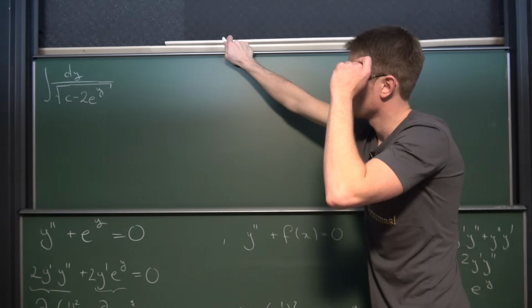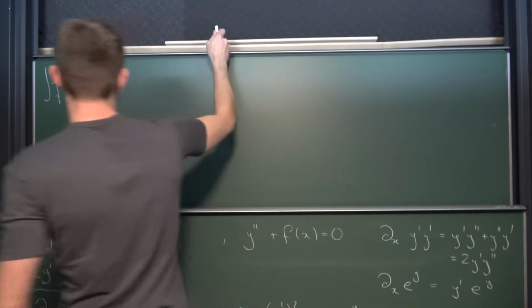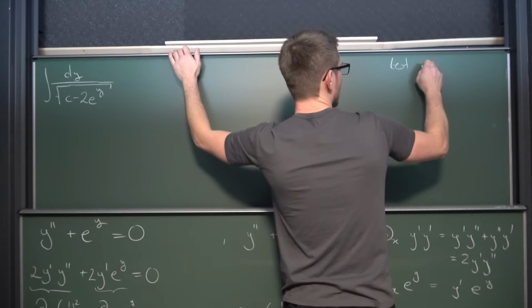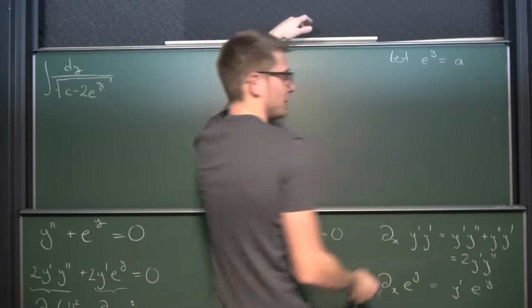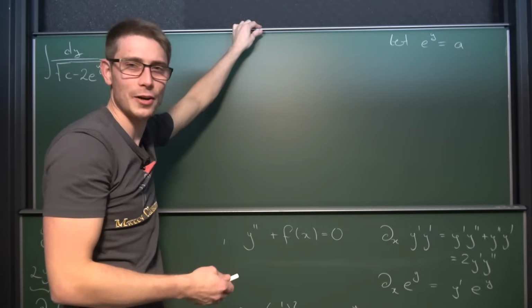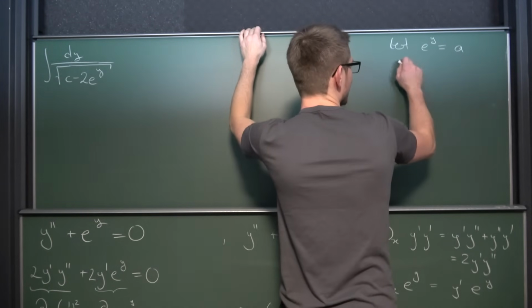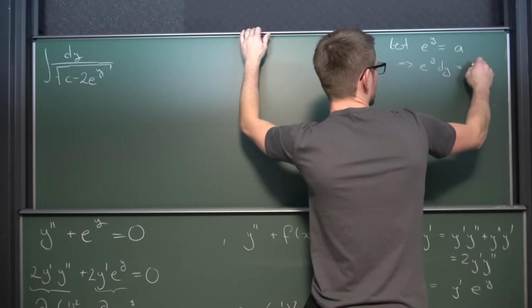Not certain about it, but I'm just going to get rid of the e to the y at first. So let's start with the substitution. Let e to the y be equal to, I don't know, a. I think I've never done this before. This is ugly. Should you use a as a new variable in an integral? That sucks, I suppose. That means that e to the y dy is equal to dA.